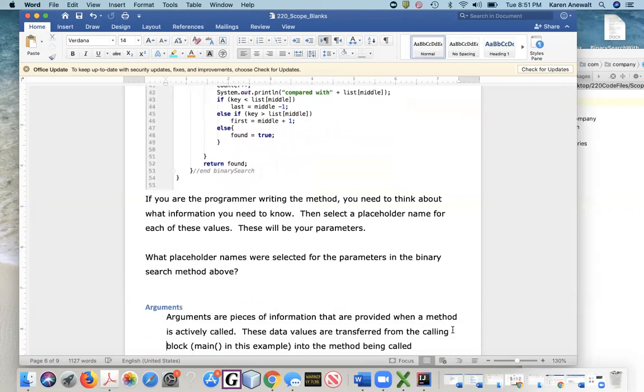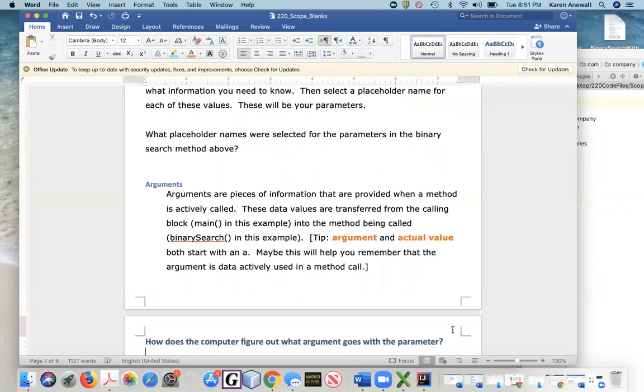Let's move on now and talk about arguments. Arguments are the actual pieces of information that are provided when a method is actively called. These are the data values that get transferred from the calling block in our program, which is usually main in our examples, and those data values get pulled into the method that's being called.